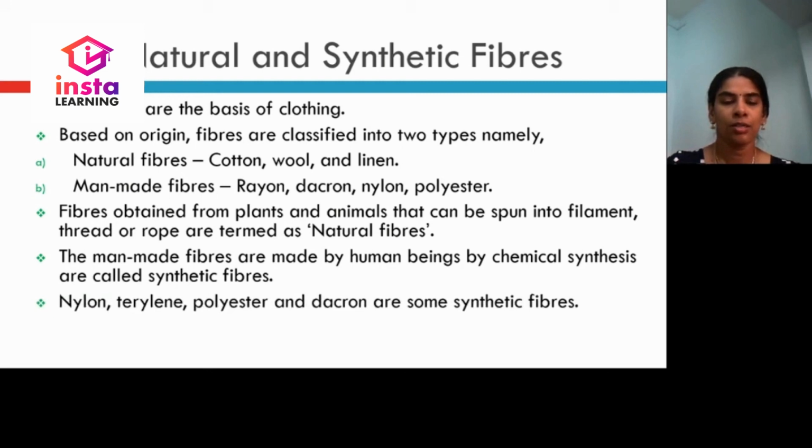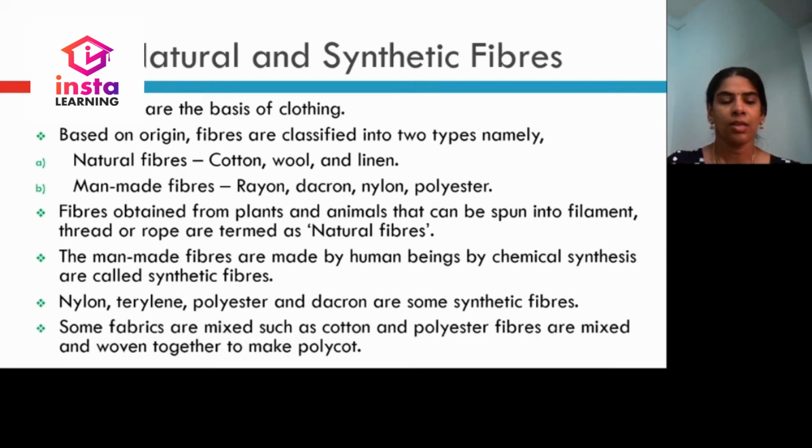Nylon, terylene, polyester and dacron are some synthetic fibers. Some fabrics are mixed, such as cotton and polyester, which are mixed and woven together to make polycot.